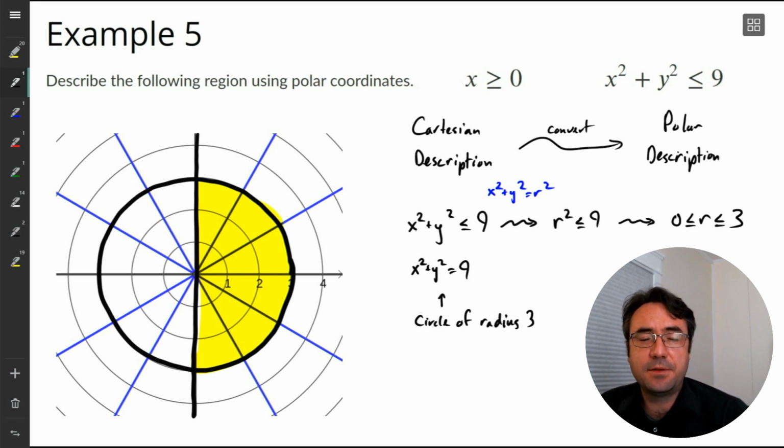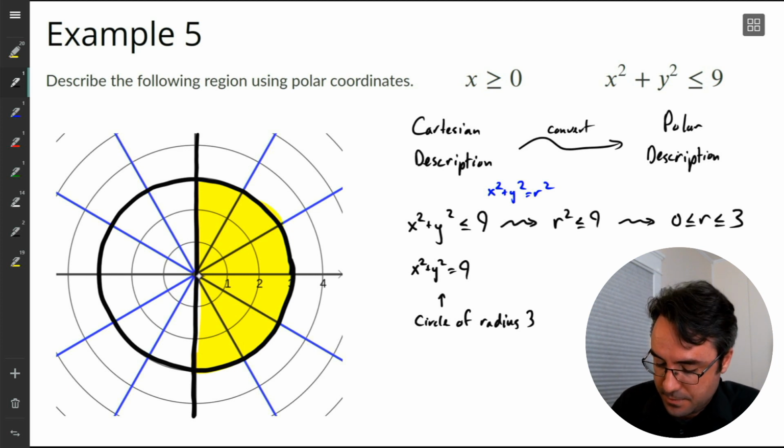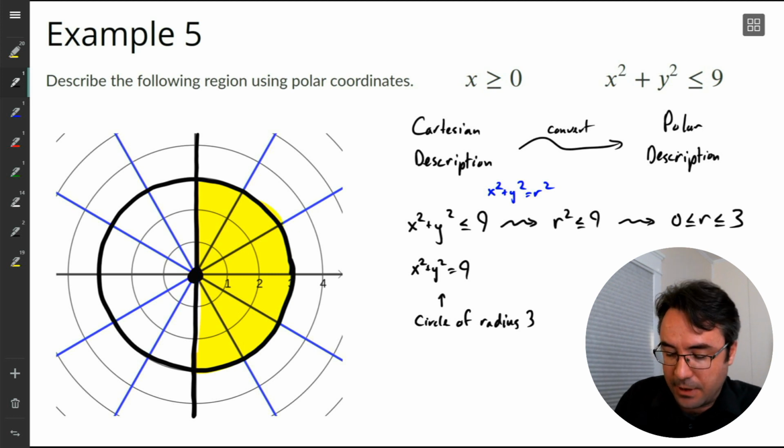All right, now what about the theta values? We have our region sketched in, and we want to find the theta values that go with this. We're always thinking in a counterclockwise rotation around the origin. So we want to trace this region out counterclockwise.